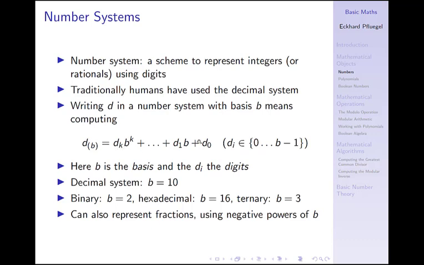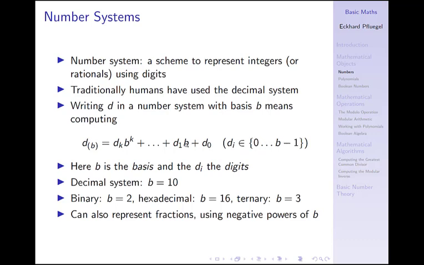That probably looks quite complicated, but really it isn't. It's just that we're so used to doing it that we kind of lost the appreciation of this more generic expression. Typically if you put b equals 10, then you can clearly see that the digits d_i are chosen from the set of numbers between 0 and 10 minus 1, so simply the digits between 0 and 9.